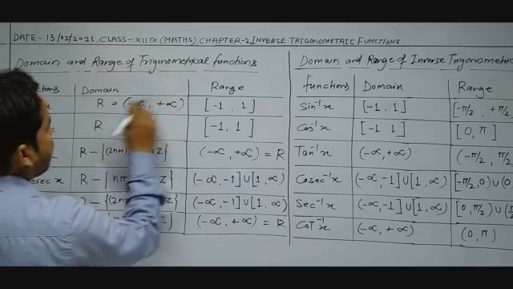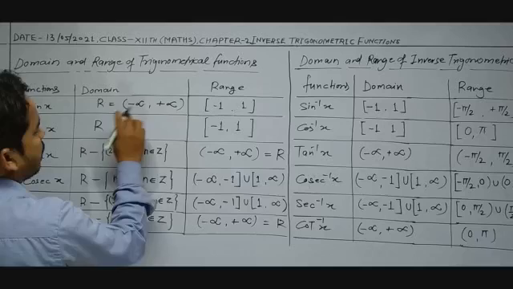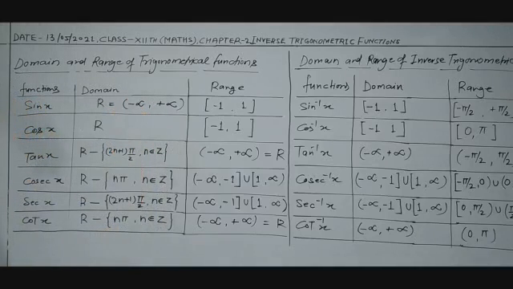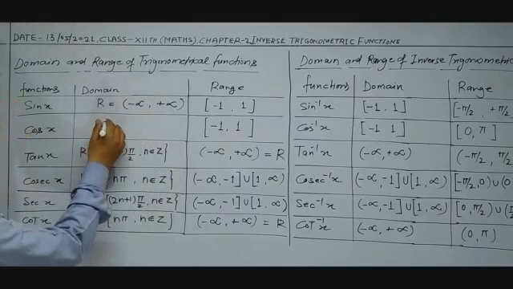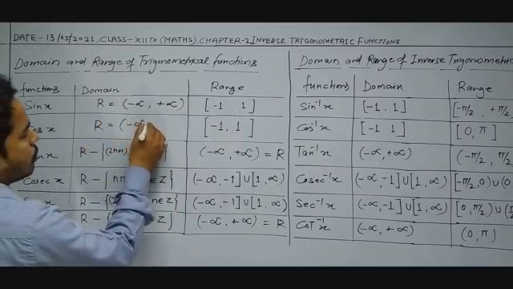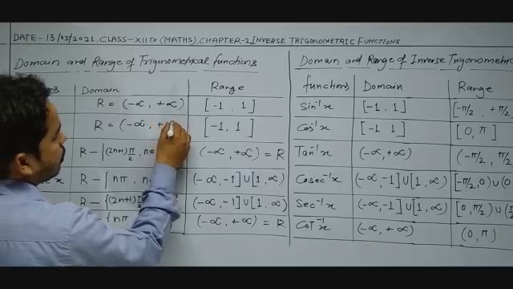Or mathematically we can write it in set builder format or roster method. This is also minus infinity to plus infinity.